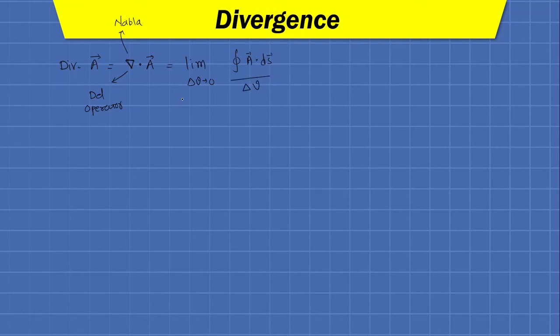This is the mathematical definition of divergence of any vector. However, divergence can also be applied on a scalar, but it has no physical meaning. Or we can also say that it will always be 0.